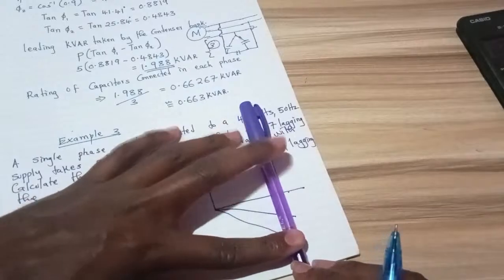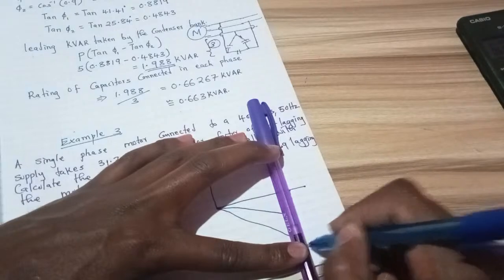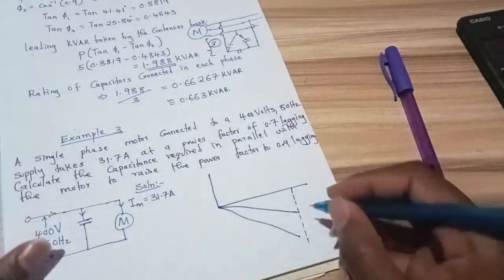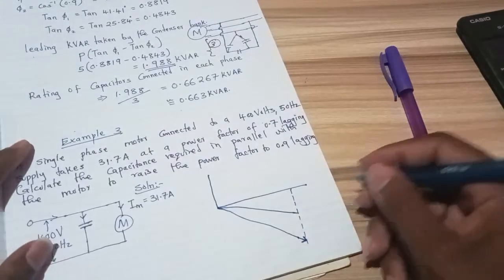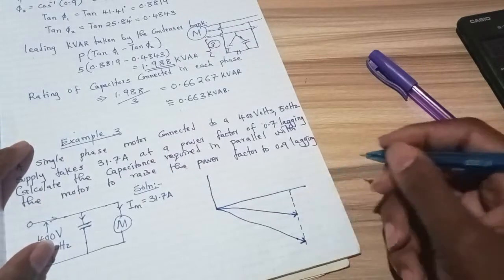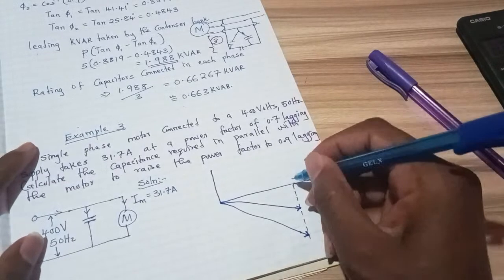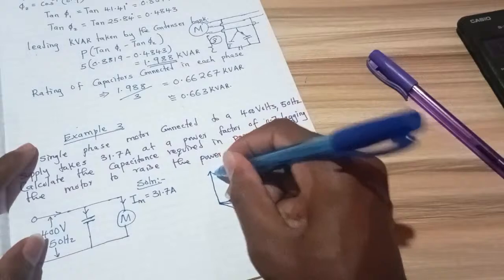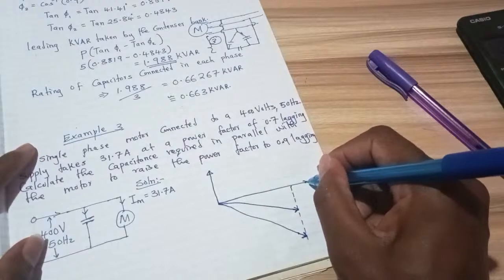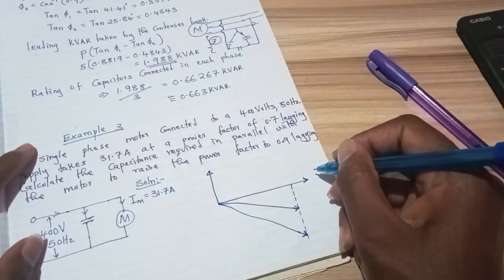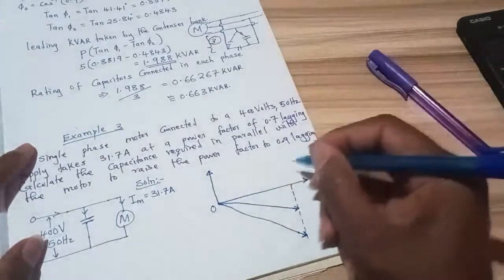So let me use my pen here to help me. So this is how our phasor diagram will look like. Then we have this point here, and we have this point again here. So we have another point over there.